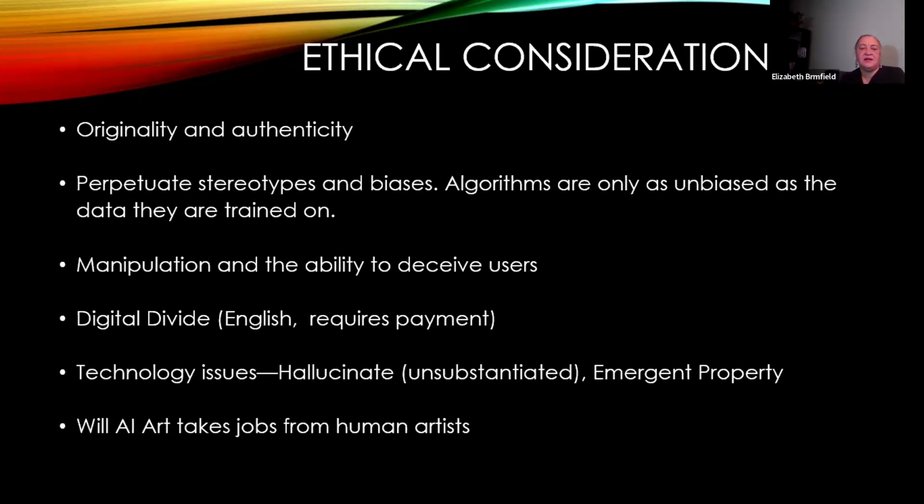And then there are some technology issues, and one is what they call hallucination. What that means is that sometimes the algorithm will create something that is fake, and it does it pretty much on its own. That's called an emergent property. There's no rhyme or reason why that image is created.